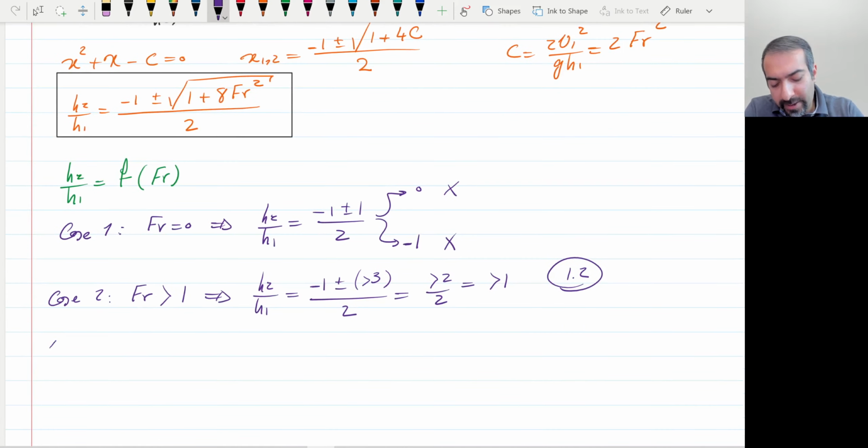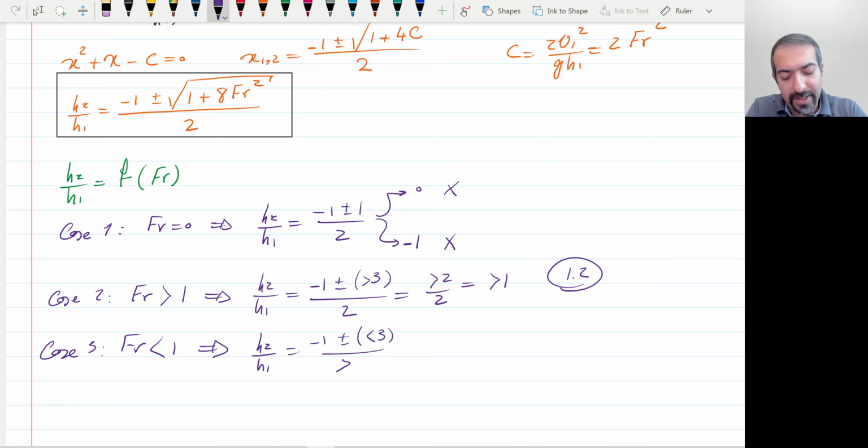And then case 3 is when Froude number is less than 1. In this case, we get h2 over h1 equal to -1 plus minus something that is less than 3, divided by 2. Again, we get a negative answer that is not acceptable and a positive answer that is less than 1.